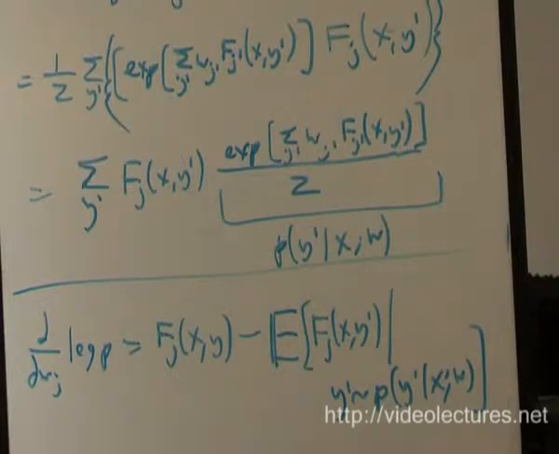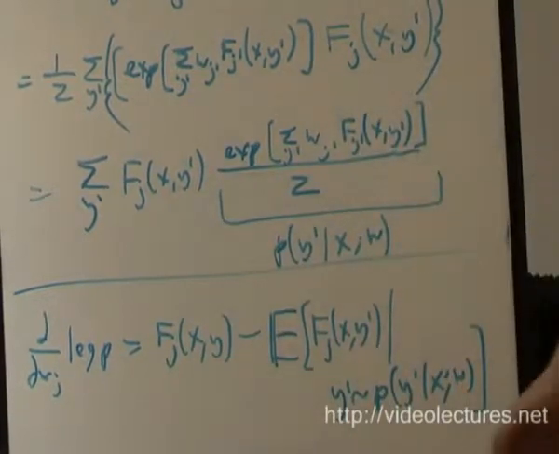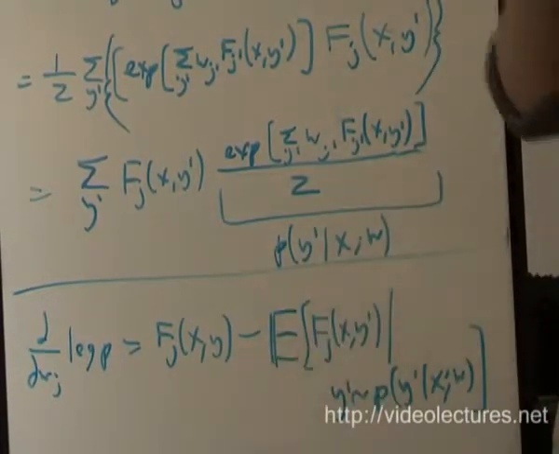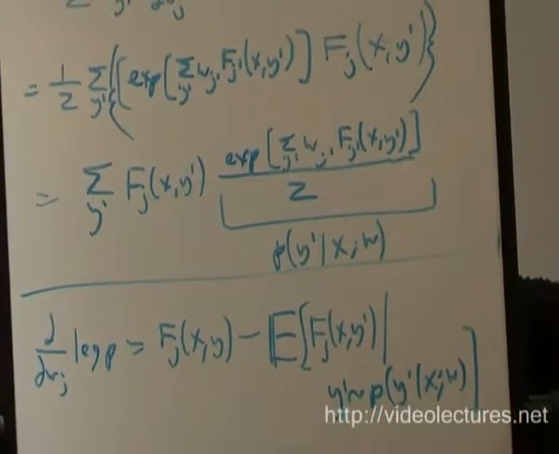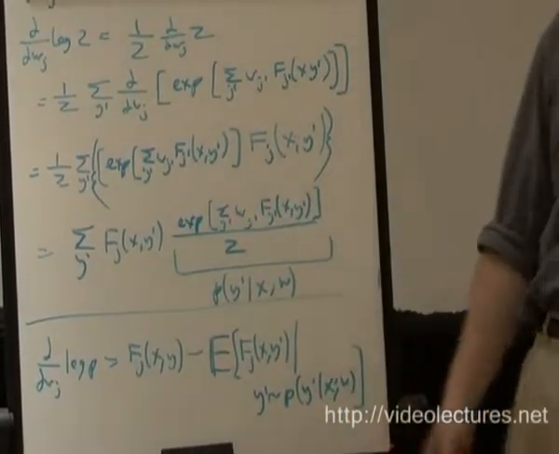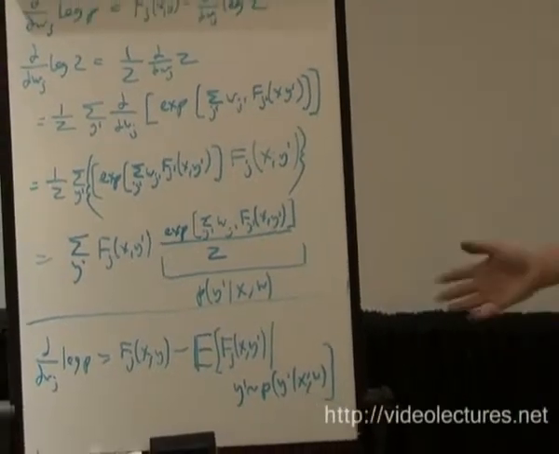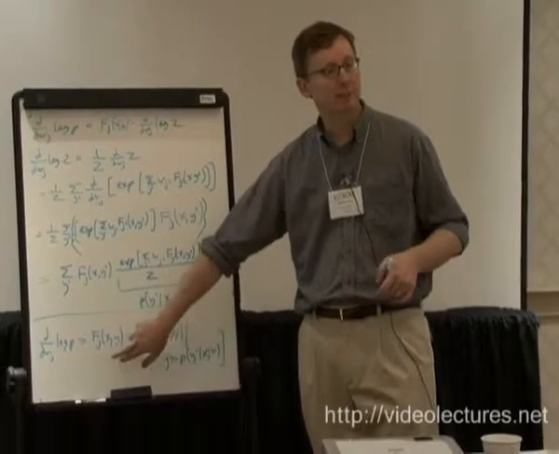And here it's saying that for each individual training example xy, this difference is the derivative. And if I set the derivative to 0, I'd get that the empirical value equals the expected value.